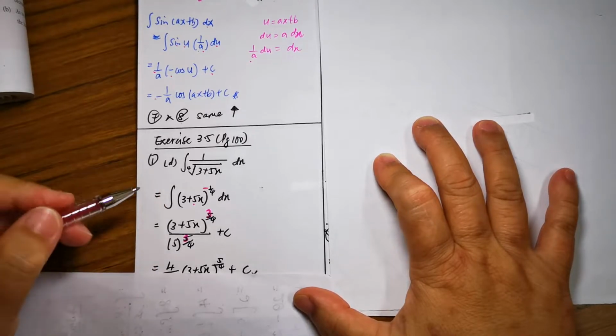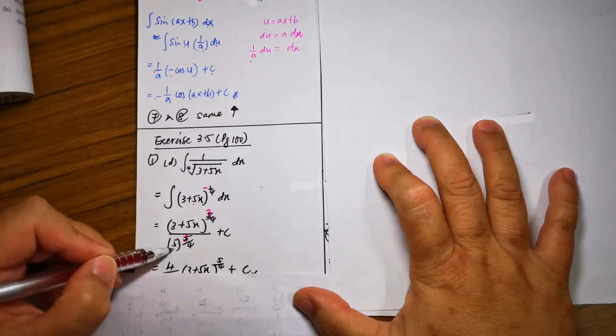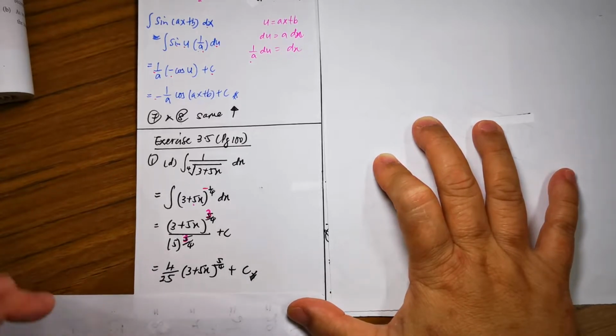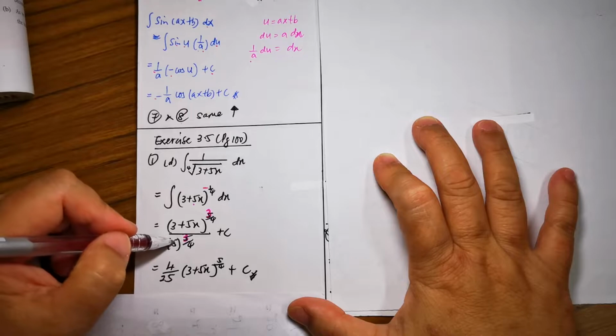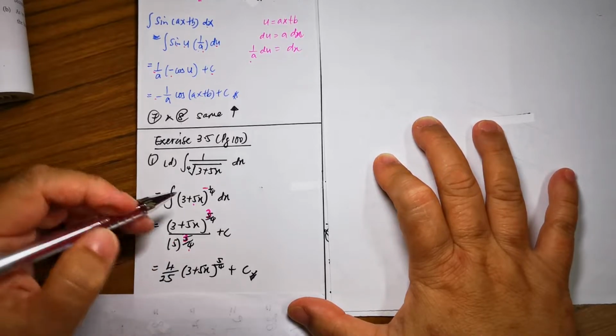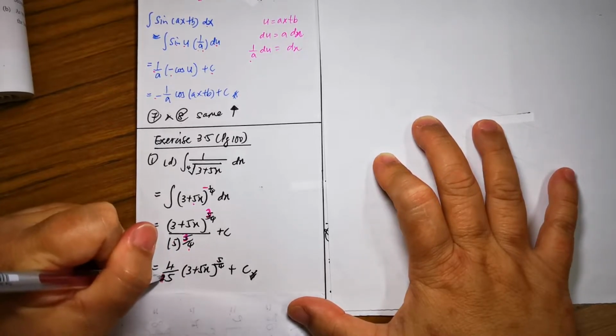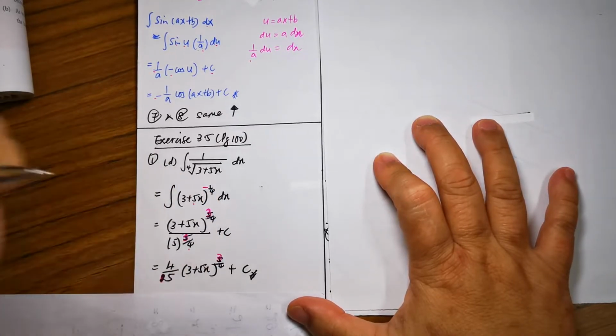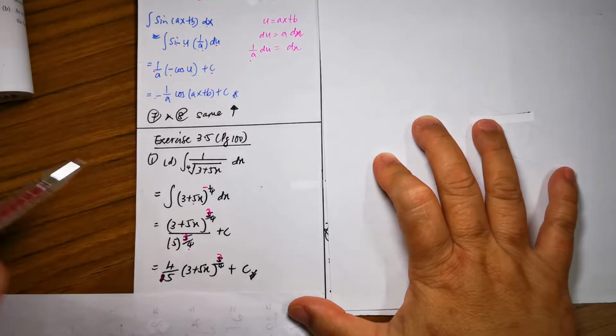And don't forget, the denominator is multiplied with your a, which is 5. Therefore this is 15 over 4. When you move up, it becomes 4 over 15, 3 plus 5x, power 3 over 4. That's it, just apply the formula. Very simple. Just one thing: inside must be linear, then you can apply this formula.